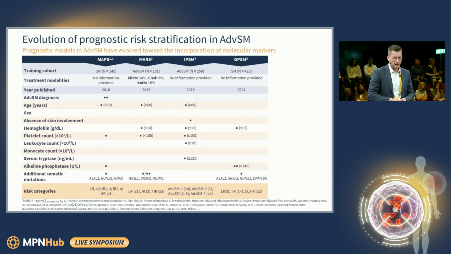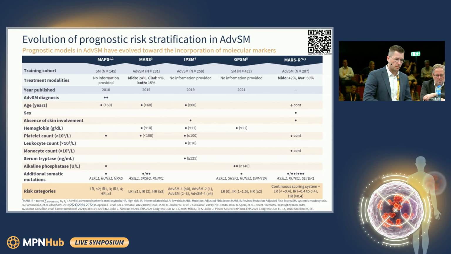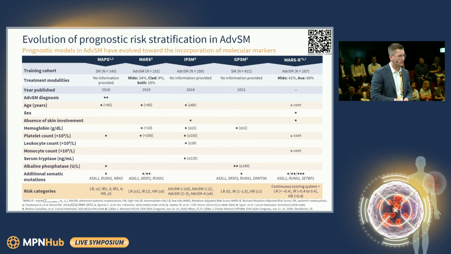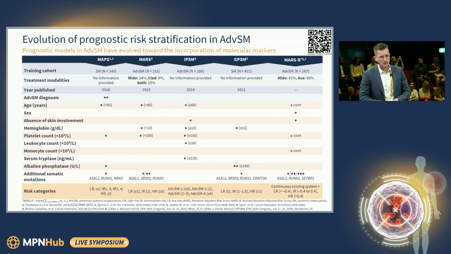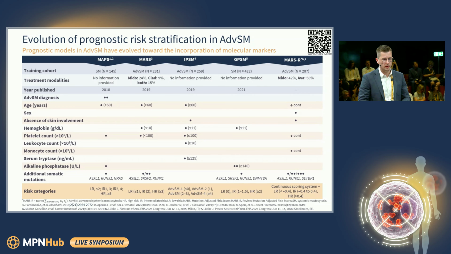And this led us to the development of the revised mutation-adjusted risk score, MAS-R, and you can see that this really captures the current treatment landscape with midostaurin and avapritinib being approved in advanced SM. And this score is now based on 8 variables, which were identified in a multivariable analysis.